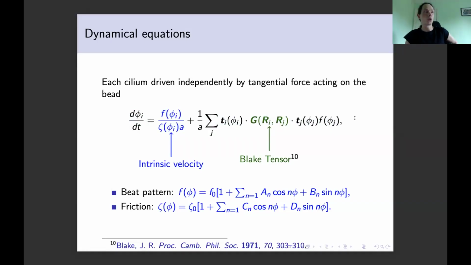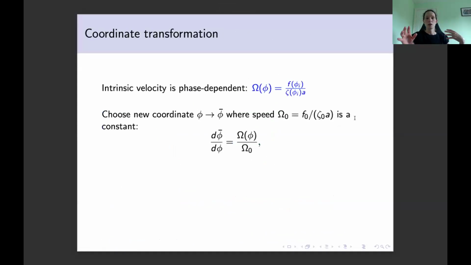And what we're going to look for is a dispersion relation for a metachronal wave, and we're going to look at a linear stability analysis. So in these next few steps, if you get a bit lost, just keep in mind that that's what I'm trying to do. I'm starting from the dynamical equation for an individual, and I'm looking for a dispersion relation, and I'm looking to do a linear stability analysis. So I'll talk through those steps, but just keep that in mind.